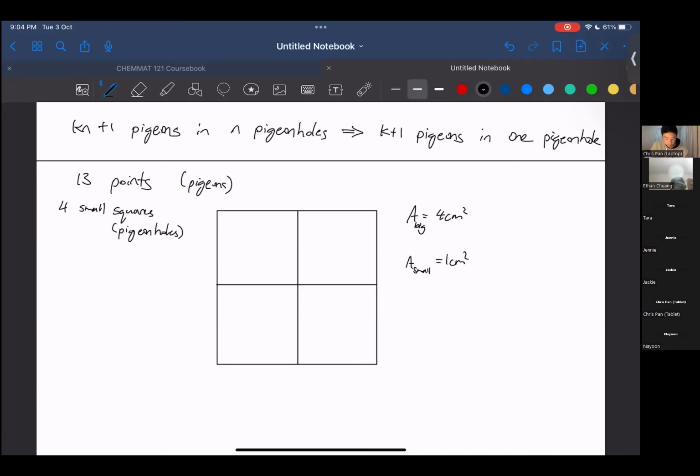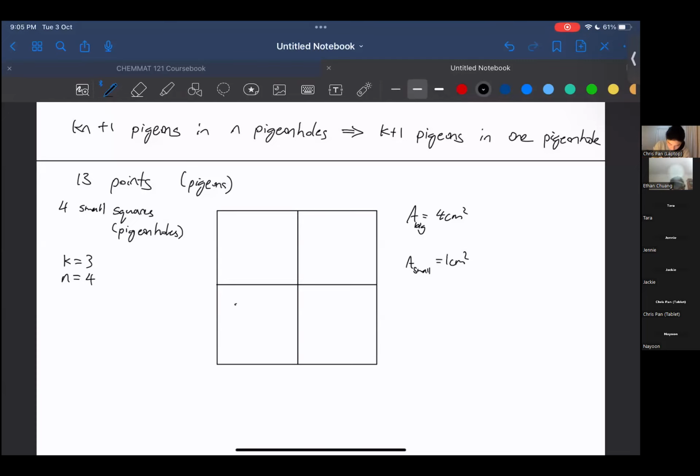Here k is equal to 3 and n is equal to 4, which means that there must be at least 3 plus 1, or 4, pigeons in one of these pigeonholes. That makes sense, because if you try to place only 3 in each pigeonhole, you're gonna have 12 points, and that last point has to go somewhere. So there's gonna be 4 points in one of these squares. Let's just say it's the bottom right one.